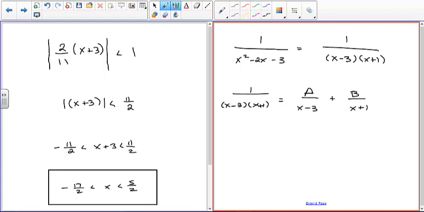So I just have to divide. I'd find out what a and b are, and then I could factor out a -1 to make it 3 minus x instead of x minus 3. And then I could divide by 3 to get 1 minus x over 3. You could do that for each term, and then you could come out with a series representation.